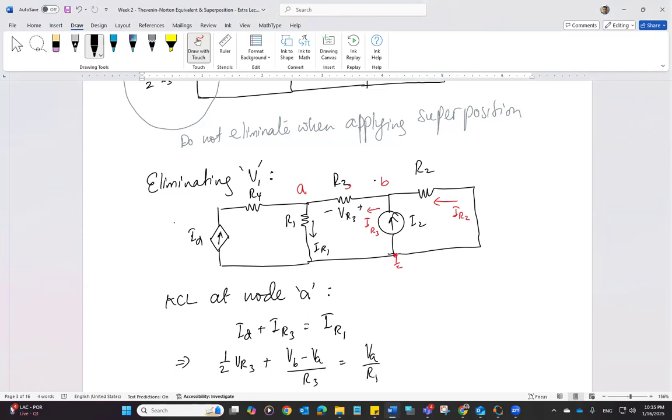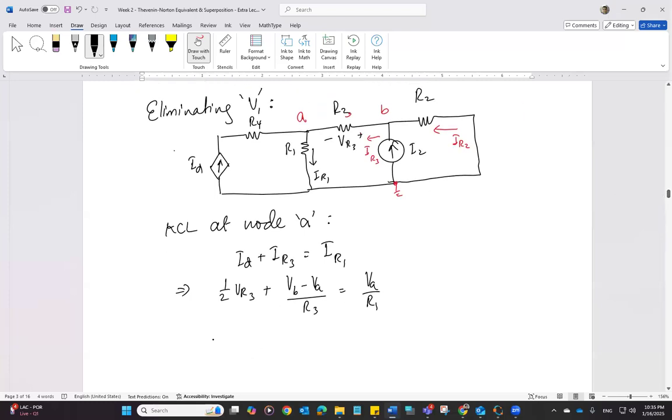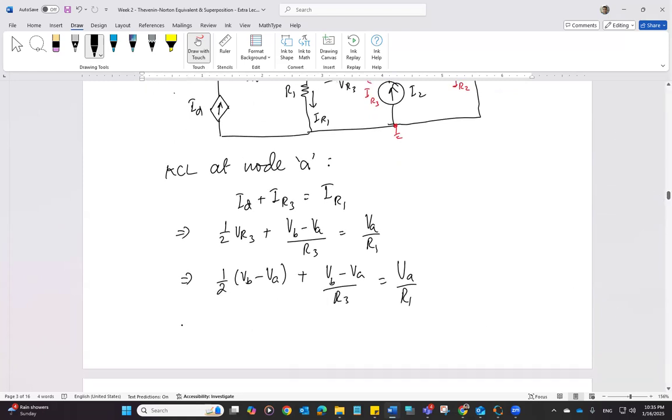VR3 is simply VB minus VA, so we can write ID in terms of VB minus VA. VB minus VA over R3 is equal to VA over R1. So we can write down one equation in terms of VA and VB.